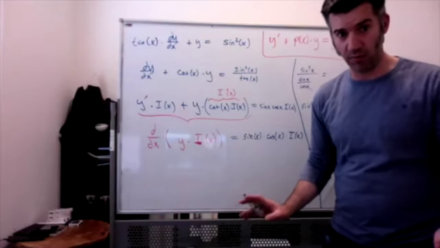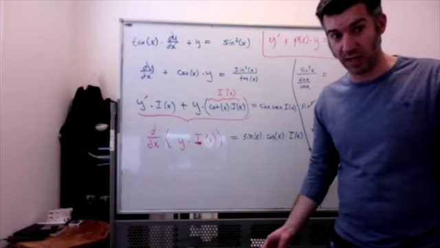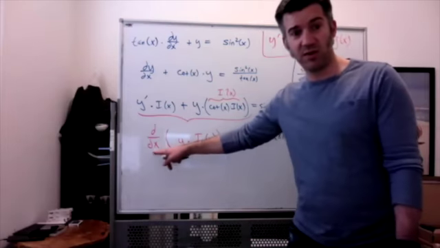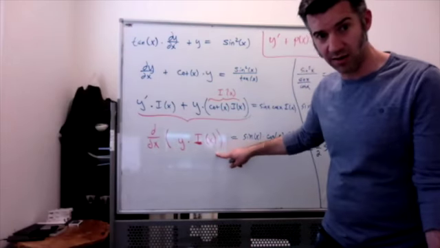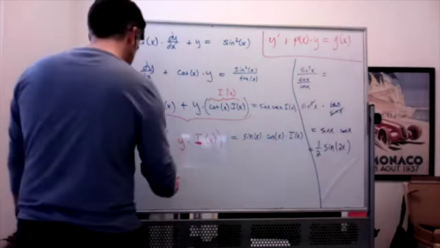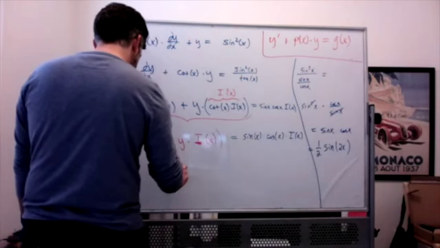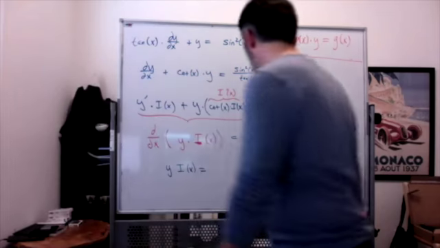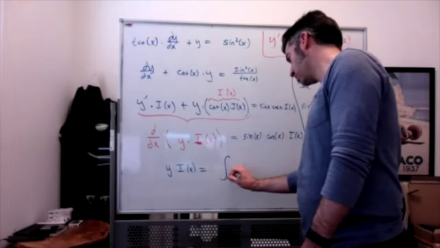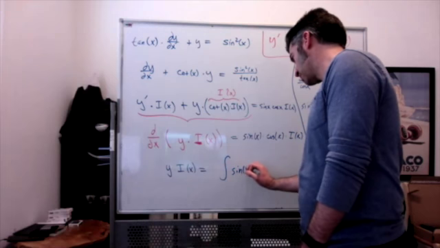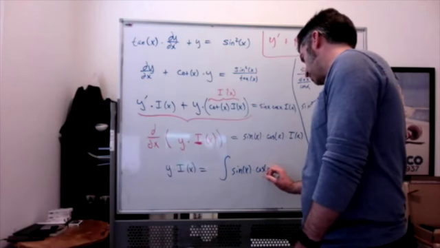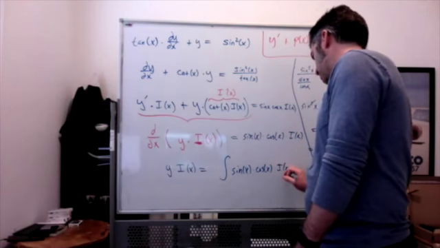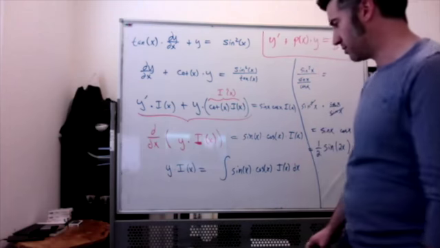Okay, now here's the important part. We're going to integrate both sides. The integral of the derivative is just the thing. So y times I of x is equal to the integral of sine of x times cosine of x times I of x dx.